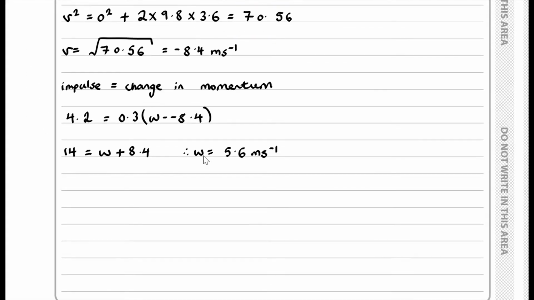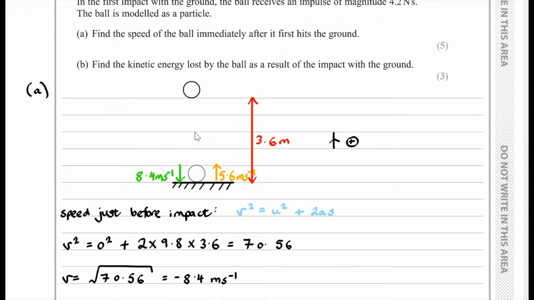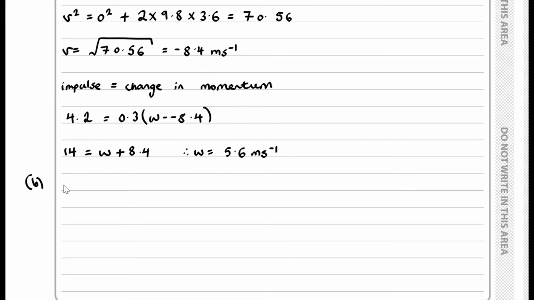Okay, part B. What we're finding over here is the kinetic energy lost, and the kinetic energy lost, you'd find that to equal 1/2 mv squared minus 1/2 mw squared, the initial minus the final.